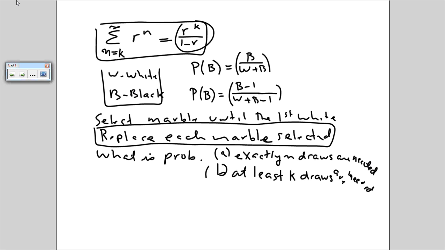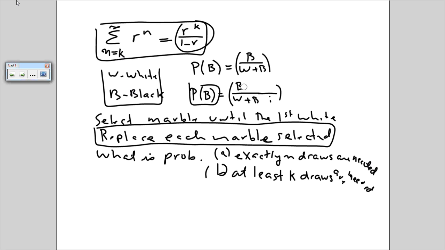It changed the probabilities. But now, if you replace that marble after you pick the first marble, the probability that the second one is a black marble, well, there's no need to take away the one. There are B black marbles left.